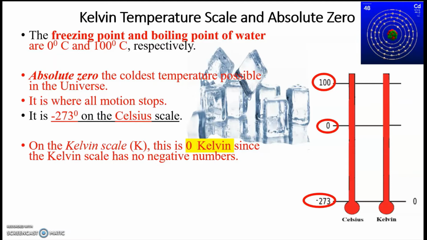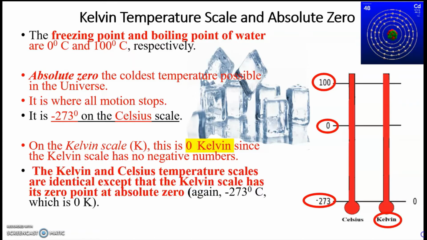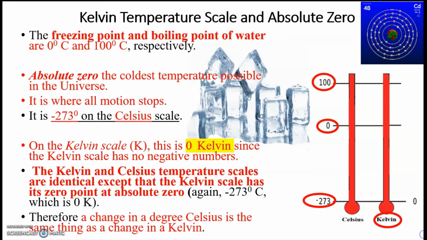So 0 Kelvin is the same thing as negative 273 degrees Celsius. So again, identical, except they're basically just shifted by negative 273 degrees.